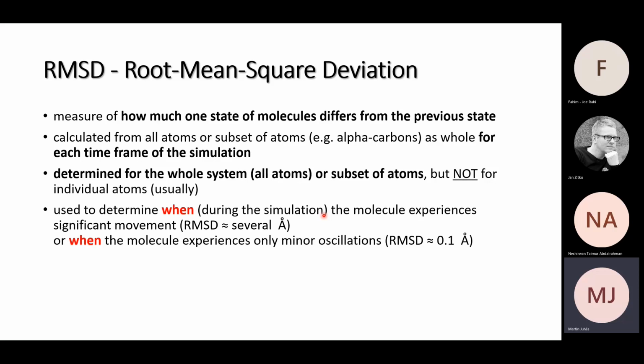So RMSD, or root mean square deviation, is probably the most important measure of the system. It's supposed to tell us about how much one state of molecules differs from the other state. So in terms of molecular dynamics, we're usually talking about how the molecules changed from the initial state.